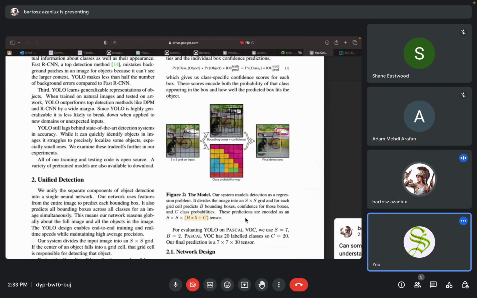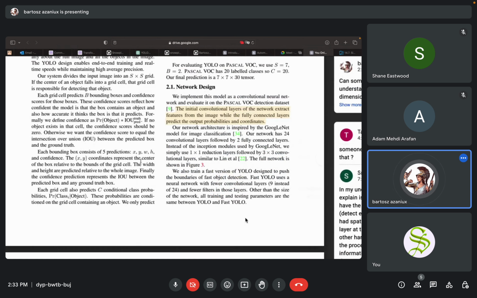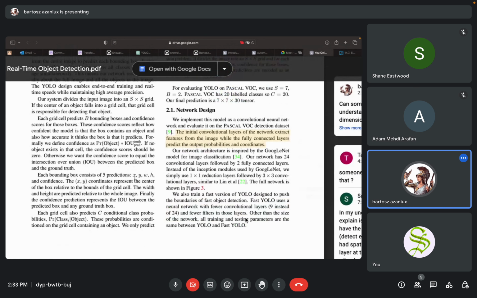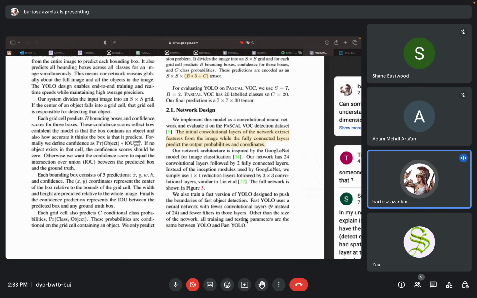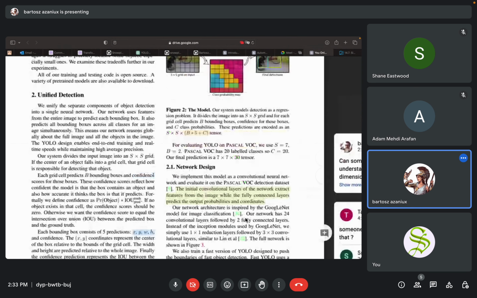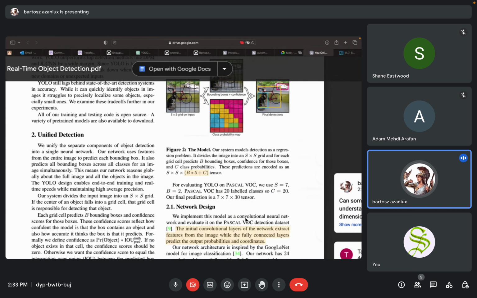Which is kind of weird to understand. But I read up on it, and when it's predicting the coordinates, it's predicting already the coordinates for the entire object, right?